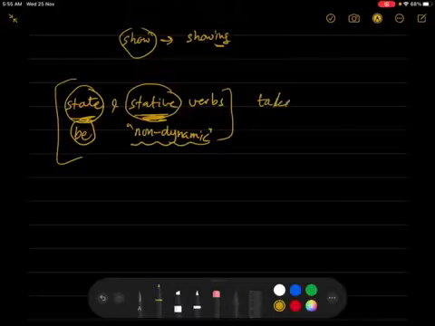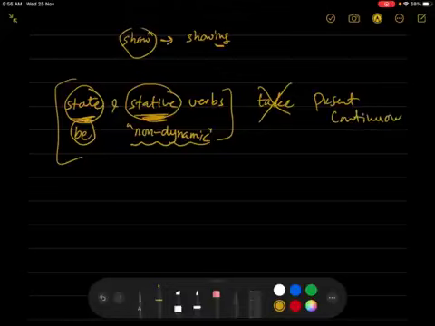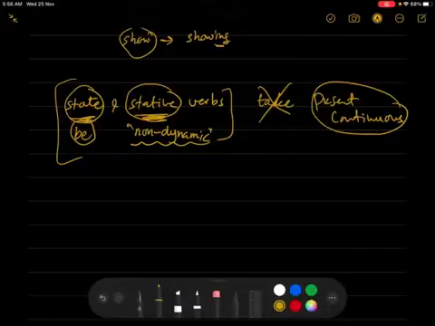They don't take the present continuous. When I want to put them in the present continuous, they do not take the present continuous format at all.